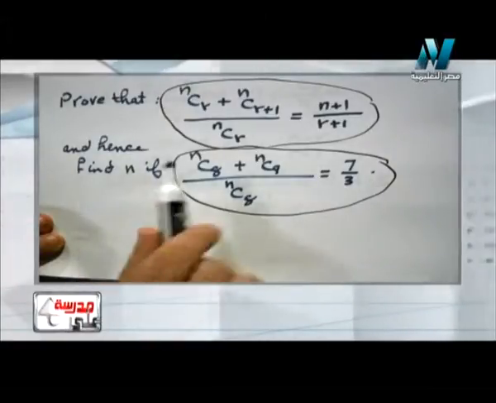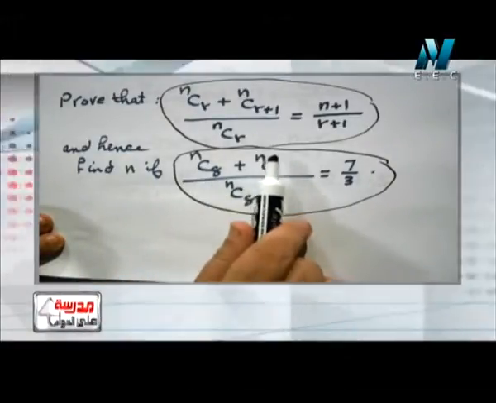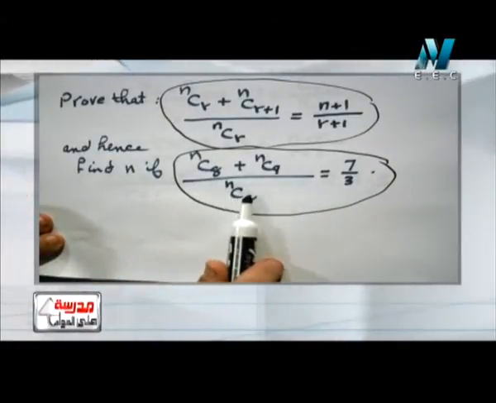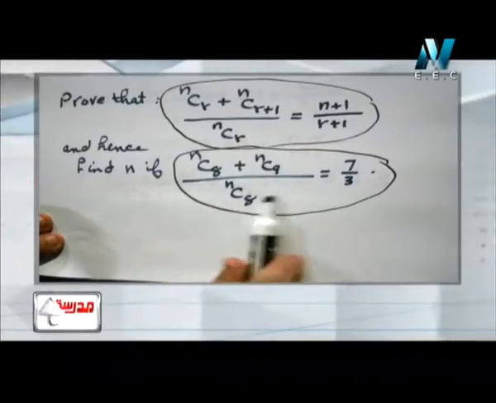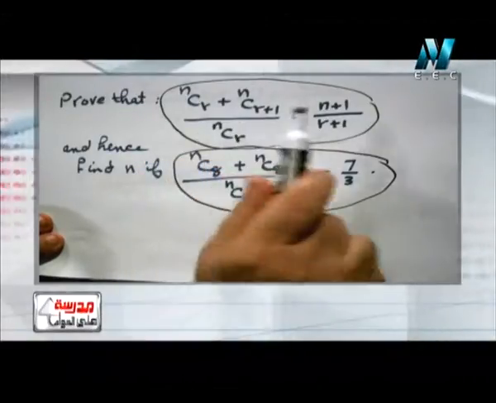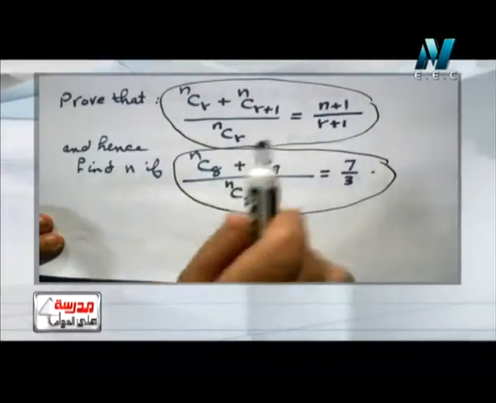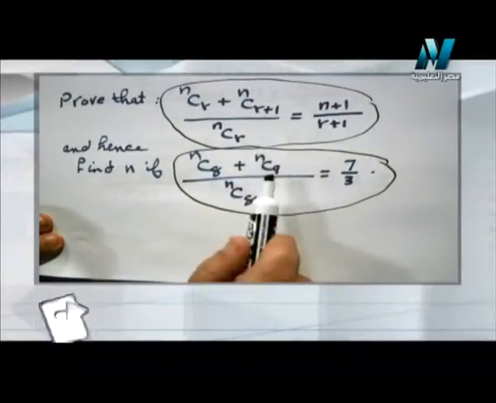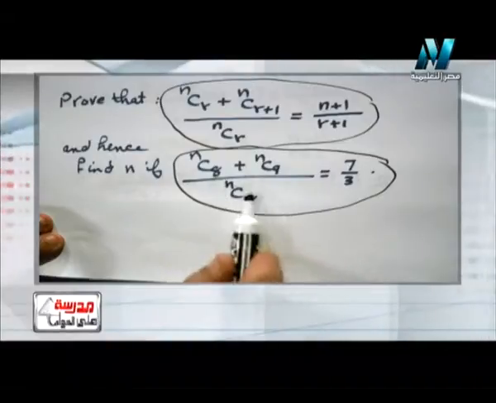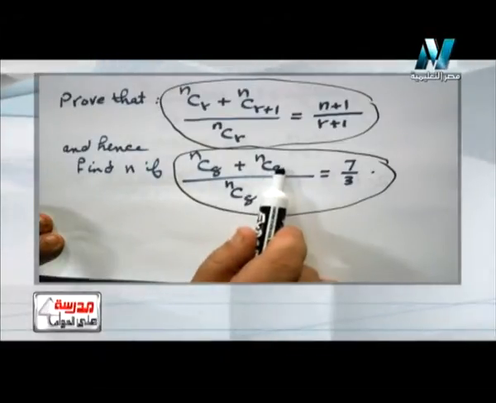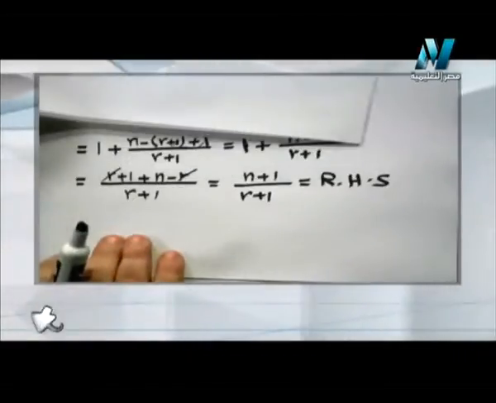And then (nC8 plus nC9) over nC8, we can put this in the form n increased to n plus 1, and r plus 1, it is the greatest number.